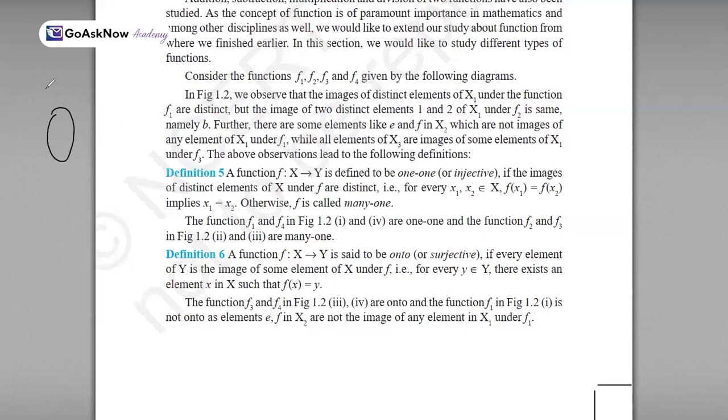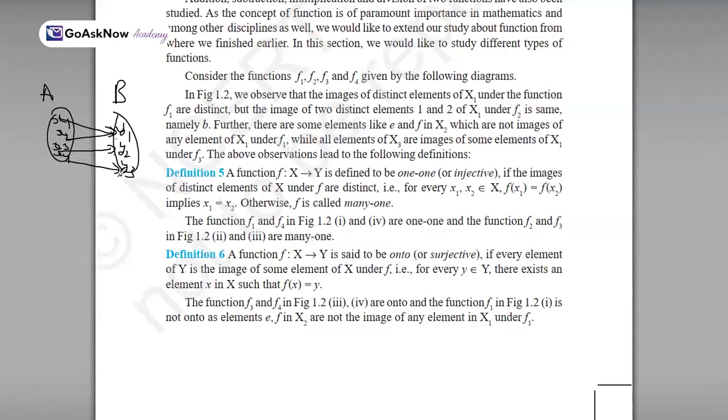If you have a set A and a set B, and B has elements y1, y2, y3, and A has x1, x2, x3, x4. So if x1 is related to y1, x2 is related to y1, x3 is related to y2, and x4 is related to y3.